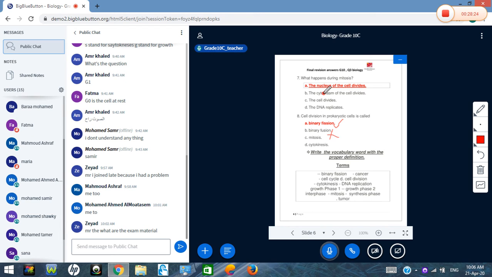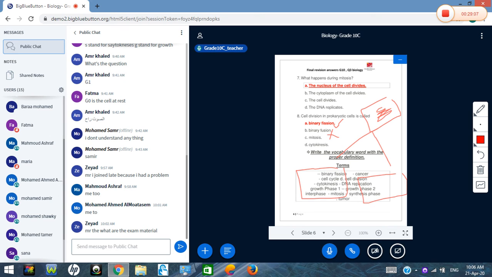Binary fission occurs in a single cell or prokaryotic cell which doesn't have a nucleus. The binary fission steps: the parent cell, like bacteria, has its own genetic material in the cytoplasm, and it divides into two new cells.